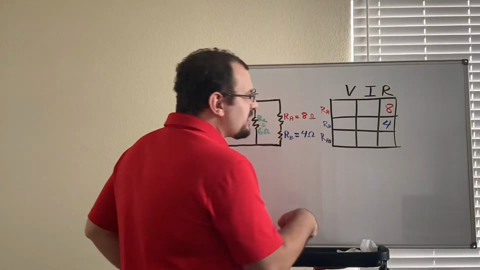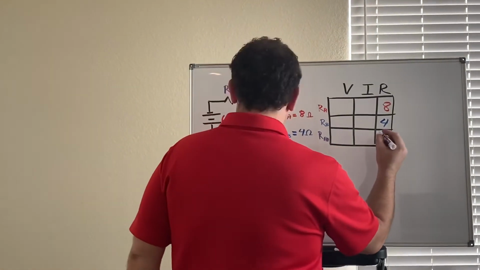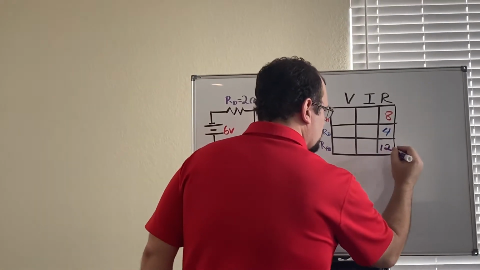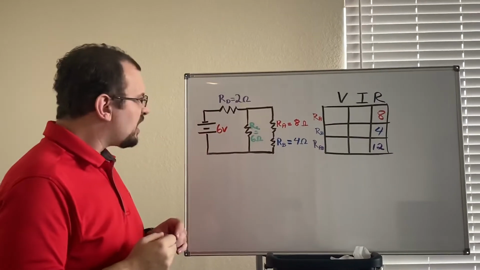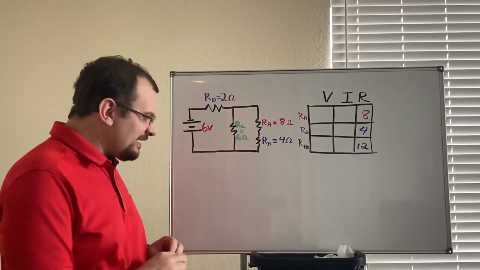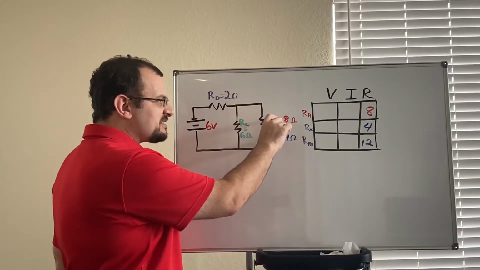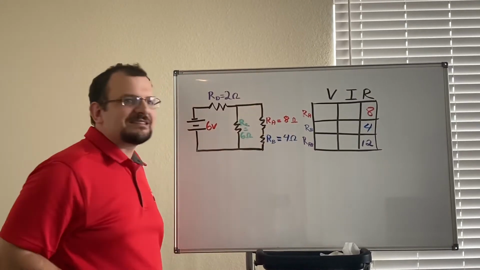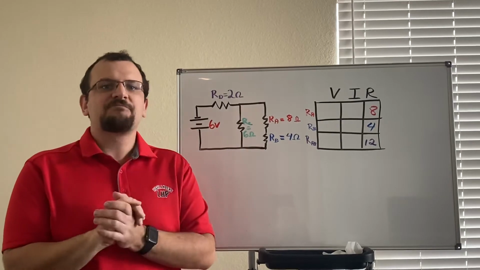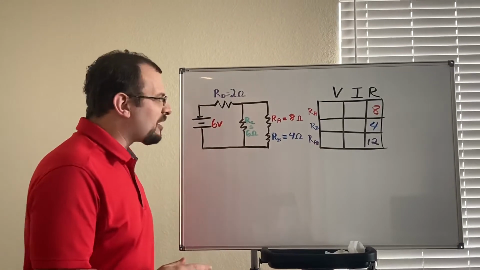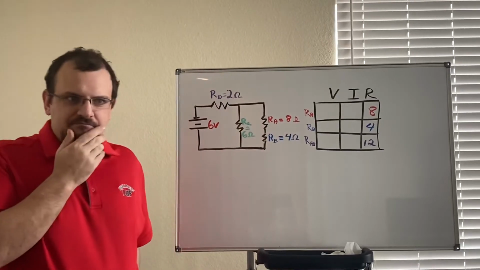So this is going to be 12 ohms. What we've essentially done here is taken these two resistors and made them into a single resistor mathematically. So we've now found the equivalent resistance for resistor AB.